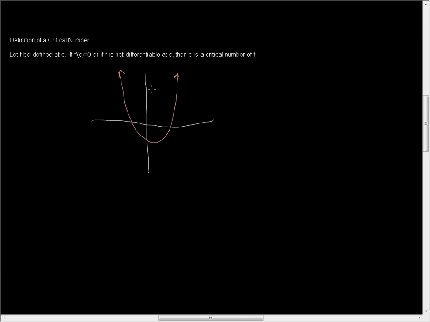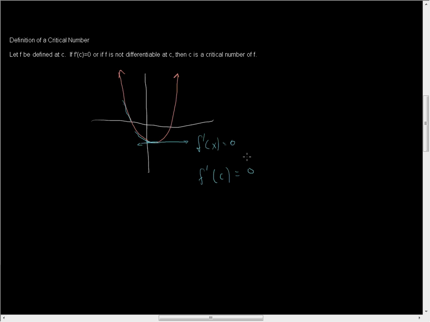So where is it 0? Here is one slope, here's another slope, and they're getting less and less. Once we hit the very bottom, we have a horizontal slope. This is where our f prime of x is equal to 0. And so we call that singular point f of c because it's a special point.